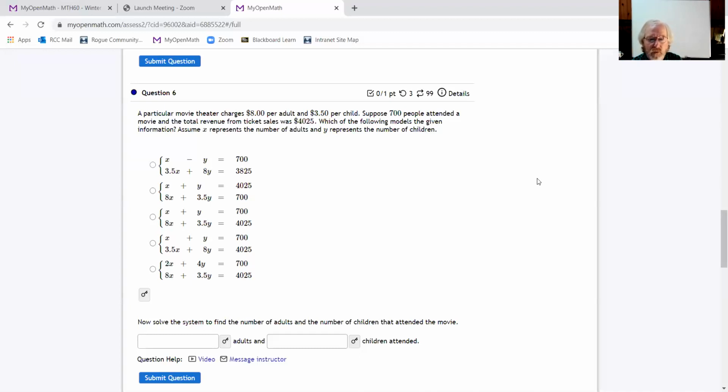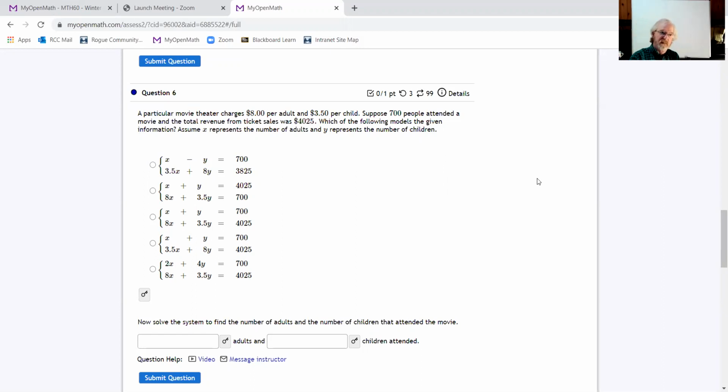And 3.50, right? 3.5 times Y is the amount of money you make selling children's tickets. And then they tell us a total amount of revenue there. So looking at those equations below, usually I say the first one is the easy one, where you just add the 2 different things together and you get the total number sold.